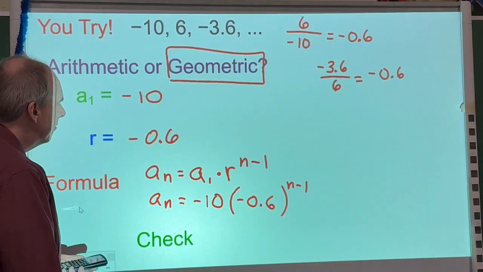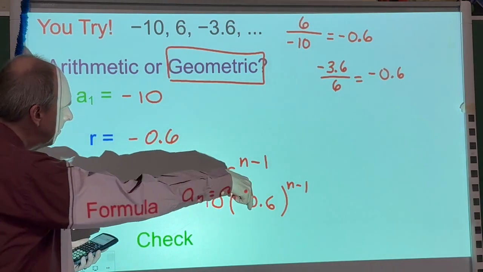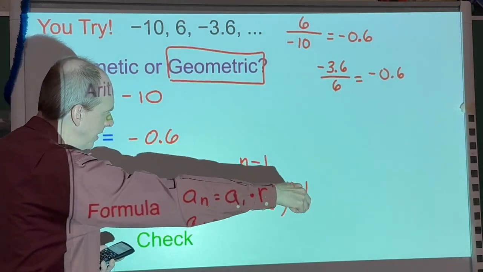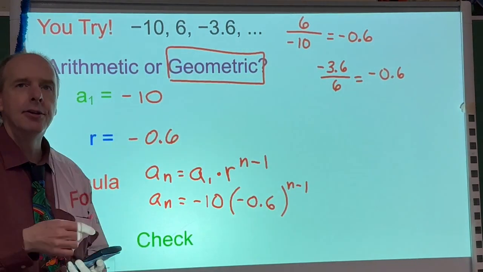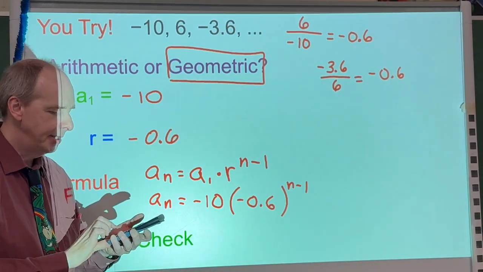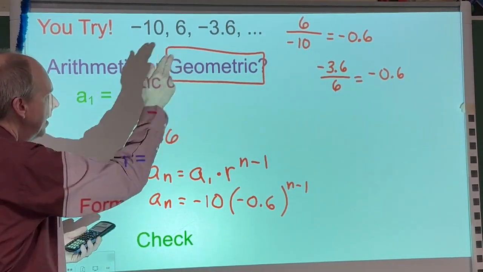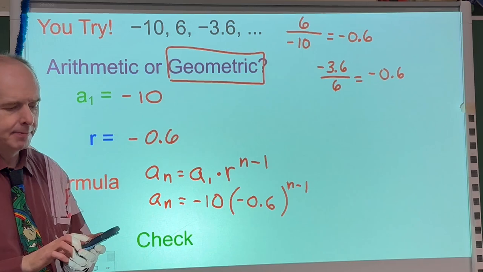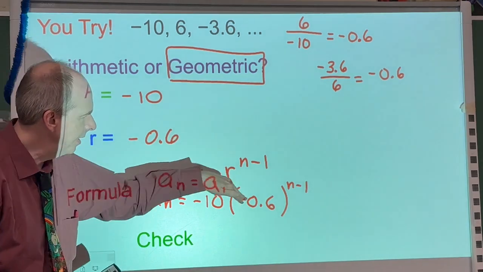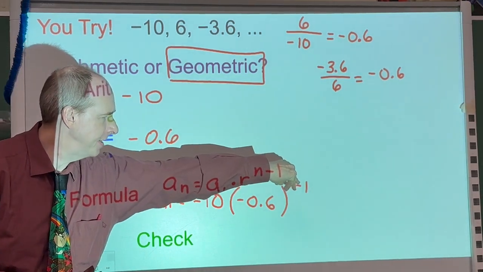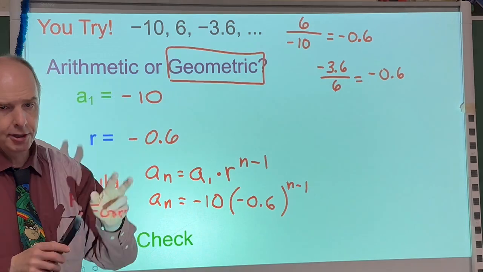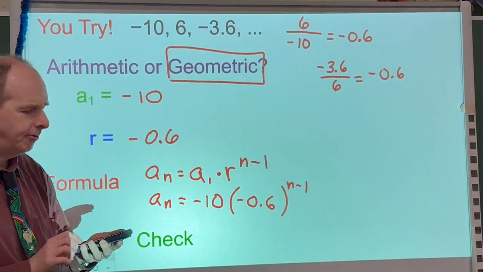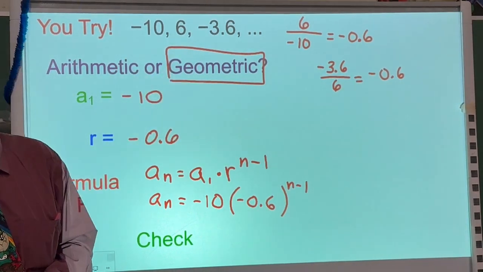For term number 2, still -10, parentheses, -0.6, parentheses, but now 2 minus 1. 2 minus 1 is 1. So change your exponent to 1, you get 6. For term number 3, everything stays the same, but now your exponent is 3 minus 1, which is 2. Change your exponent to 2, you get -3.6.